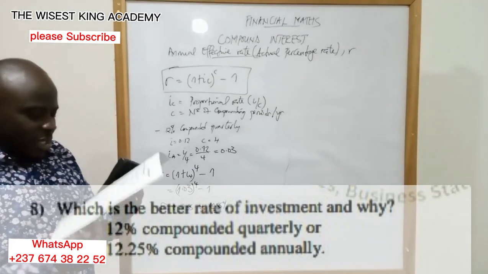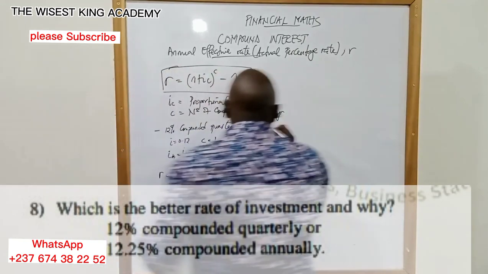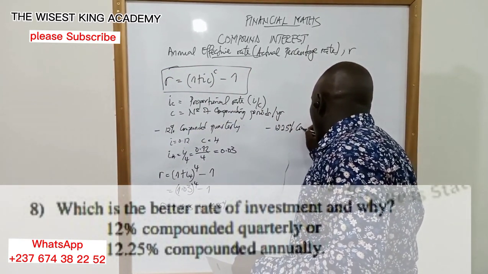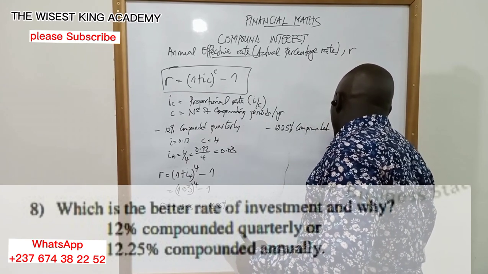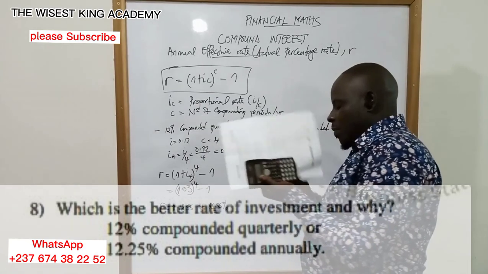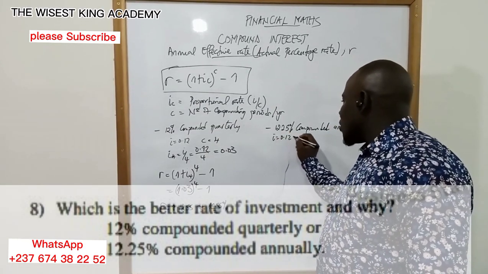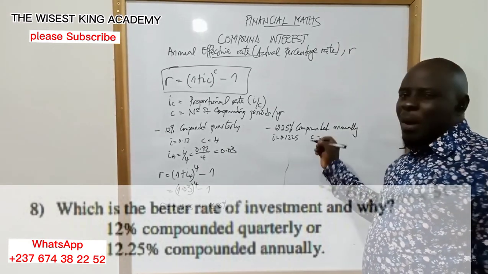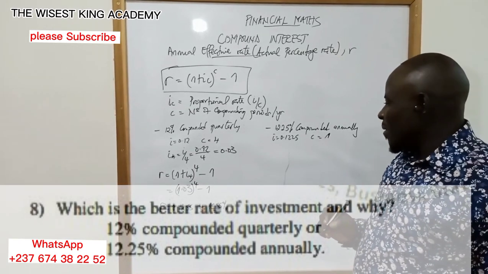Now let's take the second. The second says 12.25% compounded annually. So, in this case, what is the annual rate? 0.1225. That's 12.25%. Small c, compounding is done how many times? Only once, right?